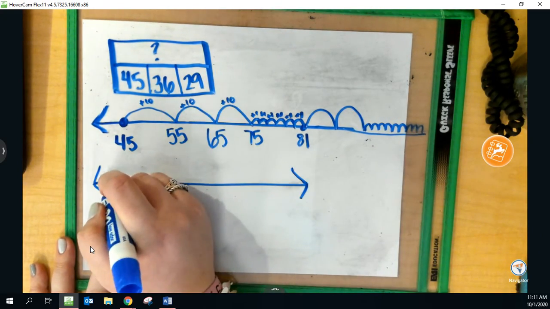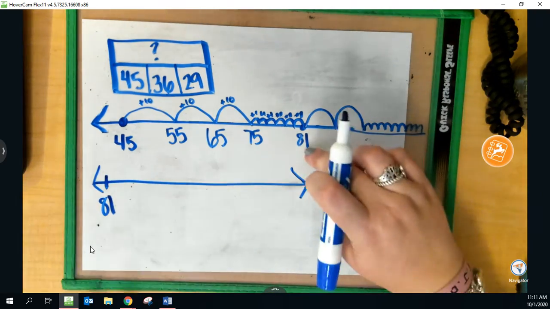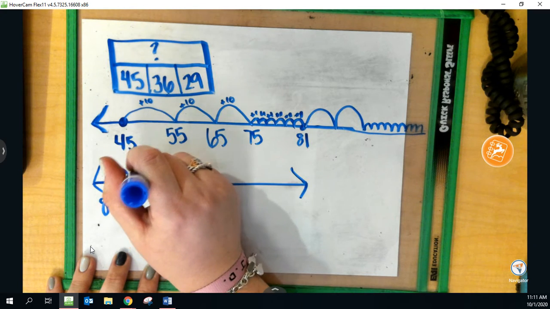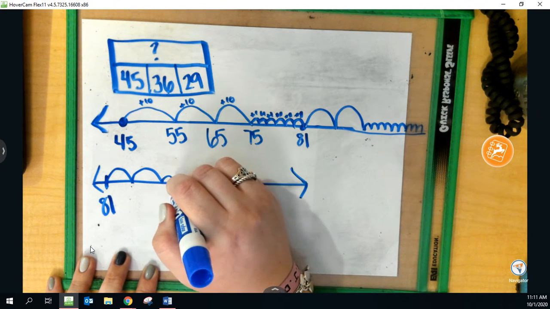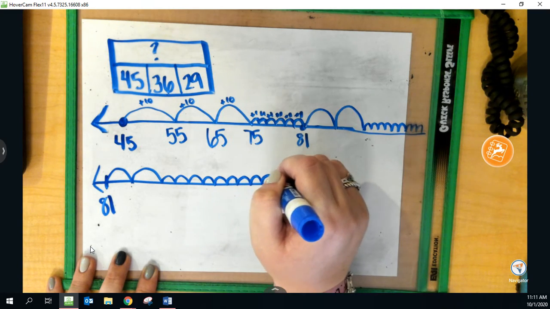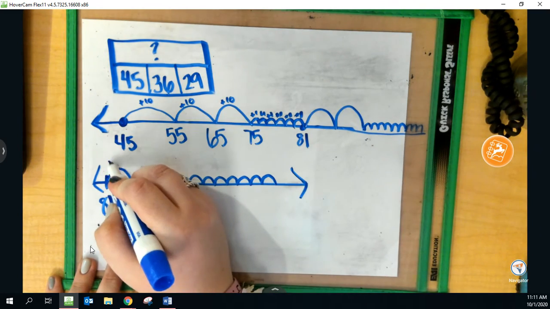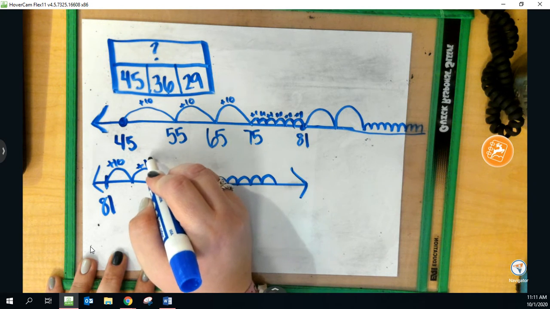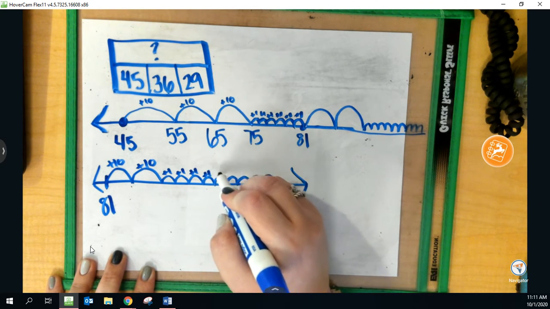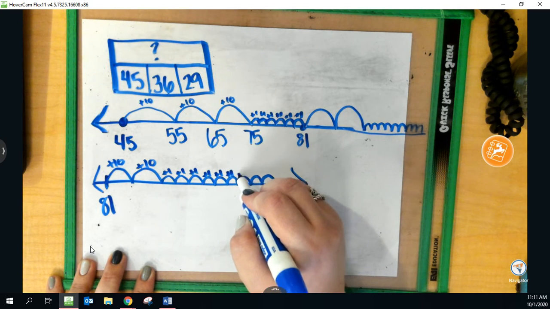Just make another number line and I start at 81 because that's where my number line stopped. Okay. So then I go 10, 20, 21, 22, 23, 24, 25, 26, 27, 28, 29. I know that my big hops, that means I'm skipping 10. My little ones, I'm skipping 1. It's just skip counting.